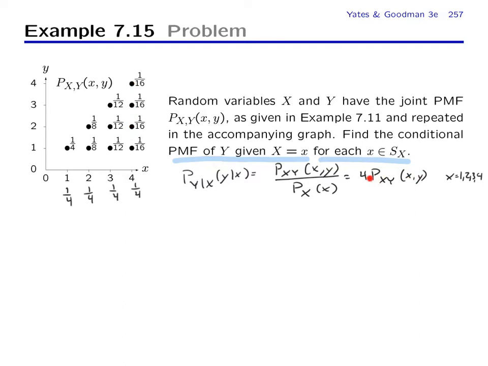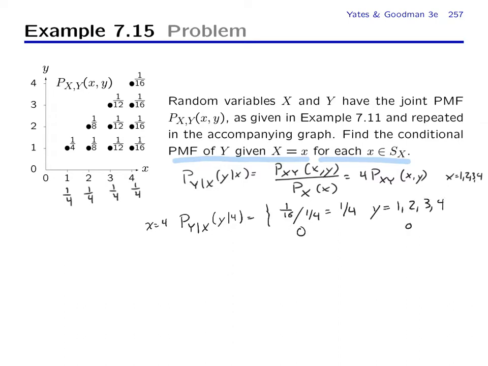And what this function says is that these 4 values of Y for x equals 4, namely these ones, will have their probability scaled up to add up to 1. So at x equals 4, we have the conditional PMF P of Y given X of y given 4, and it's equal to 1/16 divided by 1/4, which is equal to 1/4 for y equals 1, 2, 3, and 4.